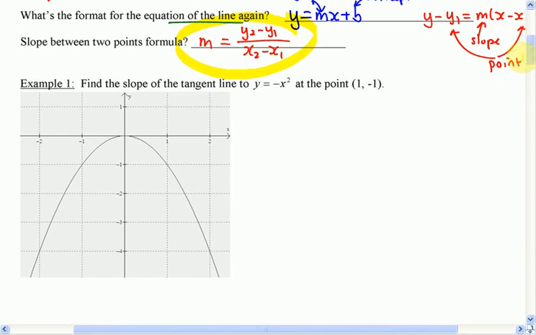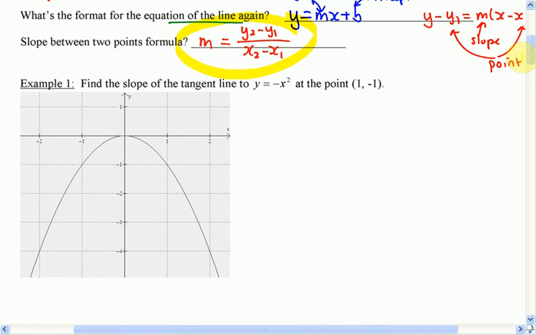So let's take a look at example number 1 together. I'm going to ask you to please find the slope of the tangent line to this graph, y = -x^2, at a particular point, (1, -1). Okay? How many of you have a ruler, by the way, or a straight edge? If you do, it'd be nice if you bring one out. I'm going to ask you to see if you can visually draw the tangent line at (1, -1).